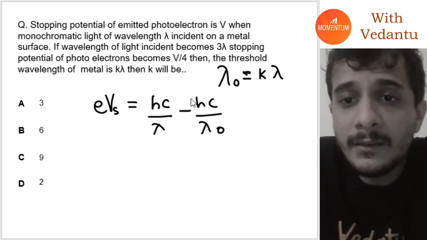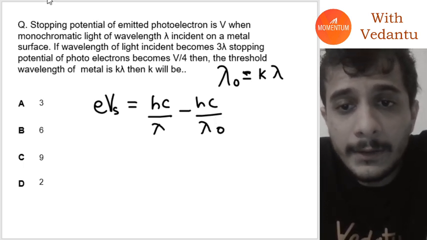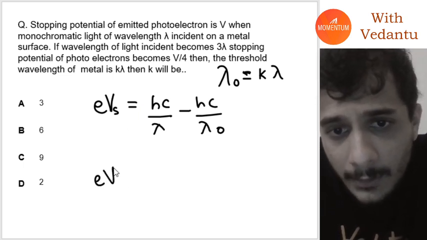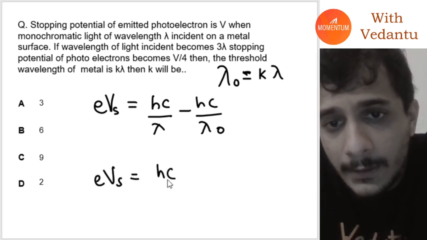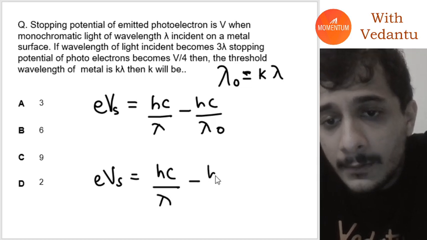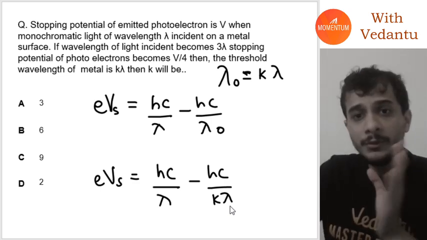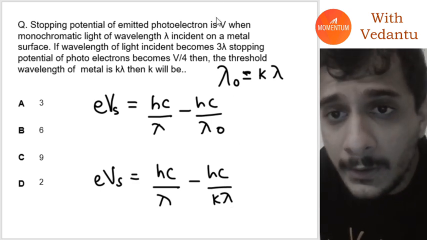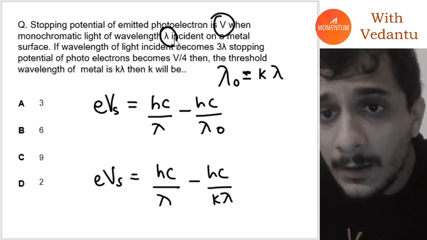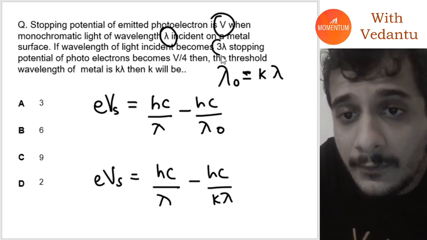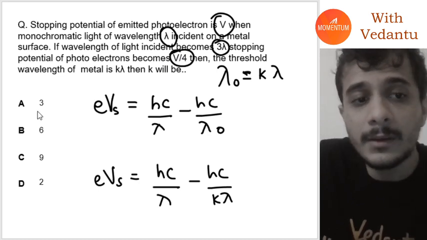Okay, eVs is equal to hc by lambda minus hc by lambda naught. If I substitute the value of lambda naught here, I can write eVs is equal to hc by lambda minus hc by k lambda. Okay, now you just have to see that we have two cases here. In case one, the wavelength is lambda and the stopping potential is V. In the second case, I have wavelength 3 lambda and stopping potential V by 4.